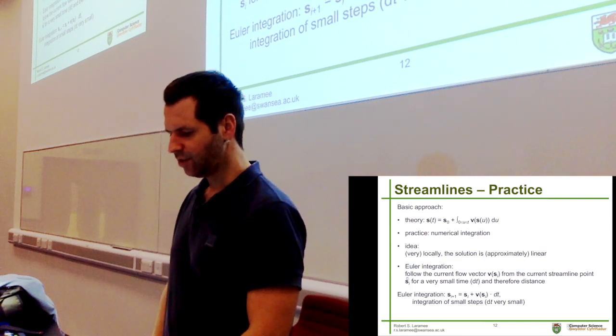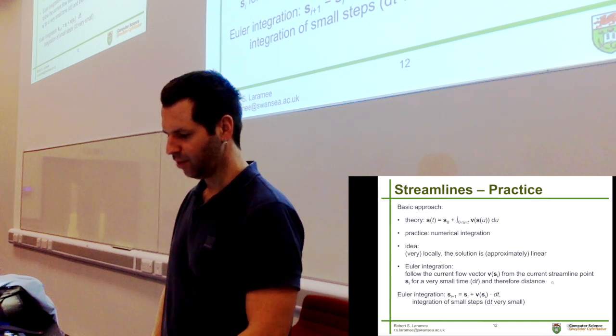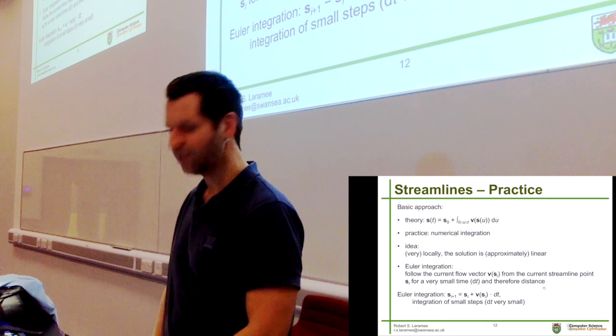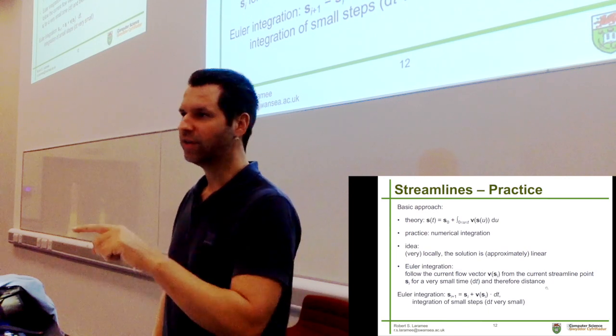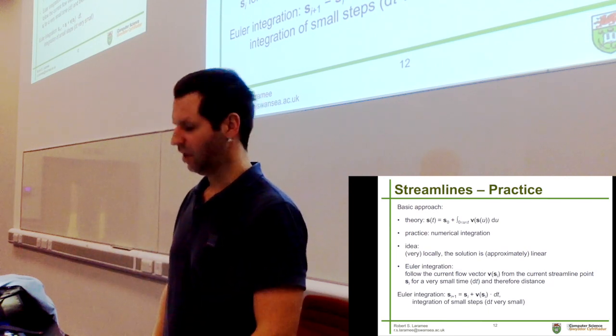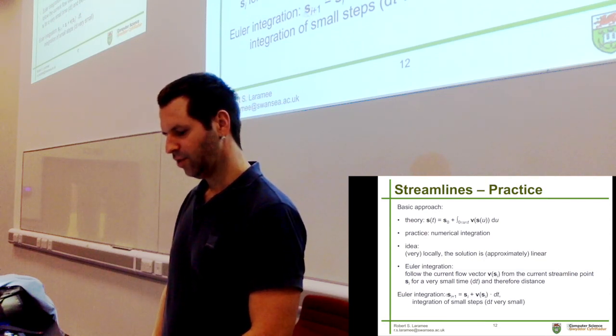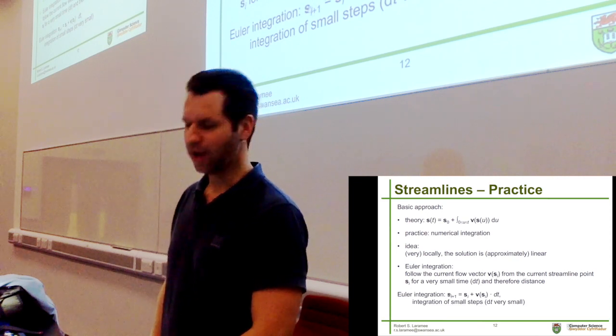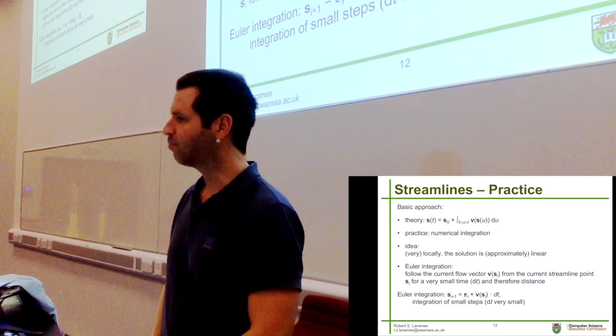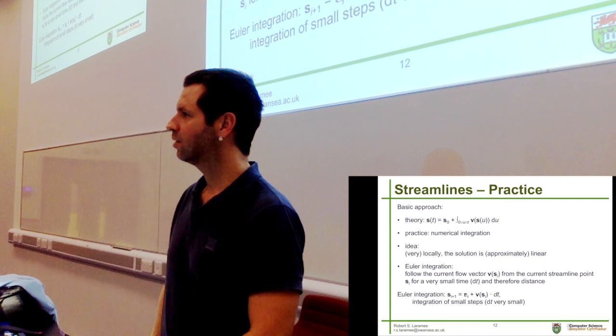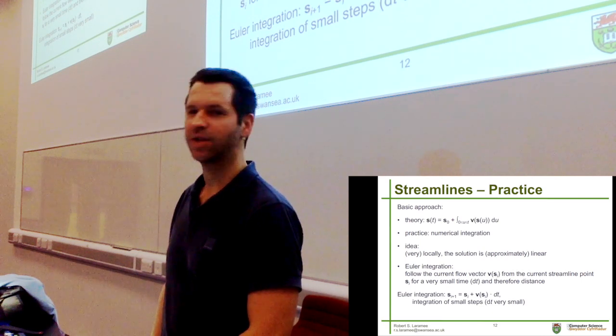So the idea is to follow the current flow vector from the current streamline point for a very small unit of time, and therefore distance, and trace out a curve. That's the way it is. And this is what the formula looks like. To compute the next point on a streamline, we start with the previous point on a streamline. For example, the seed.